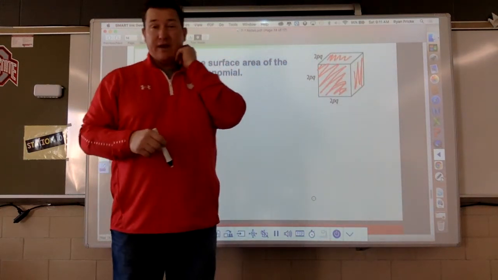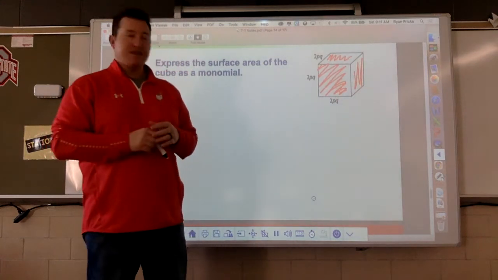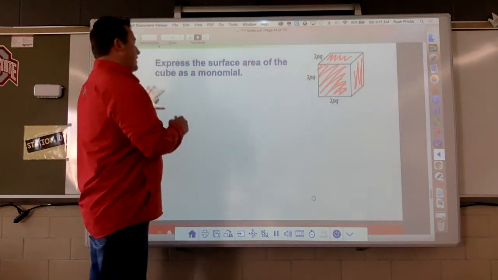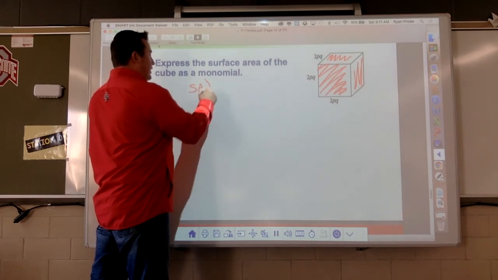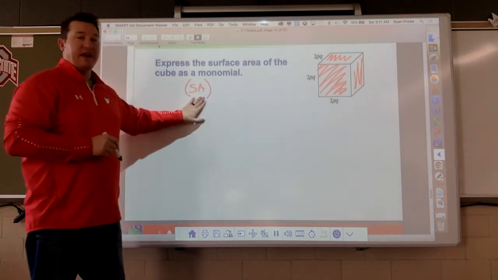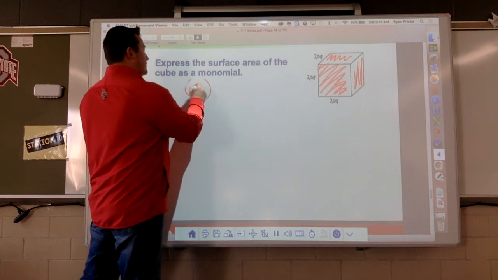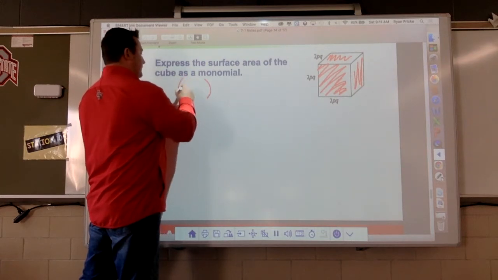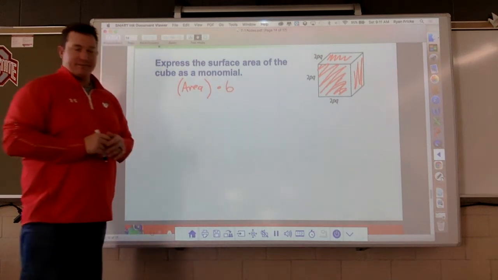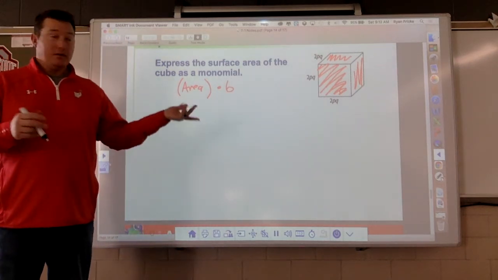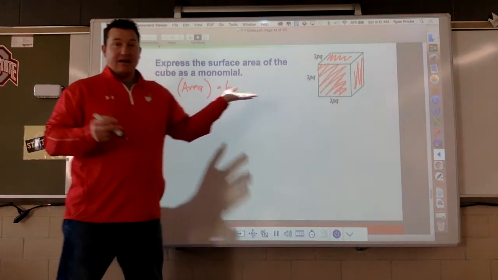So how many other faces are there? So there's 6, obviously, okay? So I need to find the surface area of one side or one face. Let's just say the area, okay? And then I need to multiply that by 6, because there's 6 faces, sides of that cube.